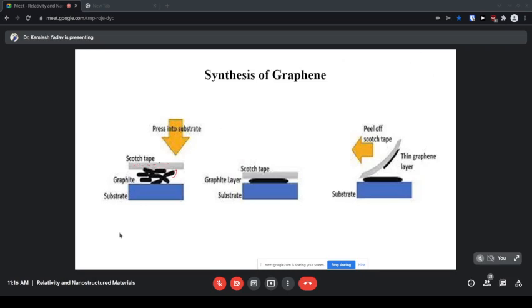The scotch tape has glue and the graphite will stick to the glue, and this is a substrate where we want a single layer of graphene. We place this on the surface of the substrate and apply a sudden mechanical force. We go on applying this and you will obtain layer by layer, and at last there will be only a single layer of graphene at the surface of the substrate.